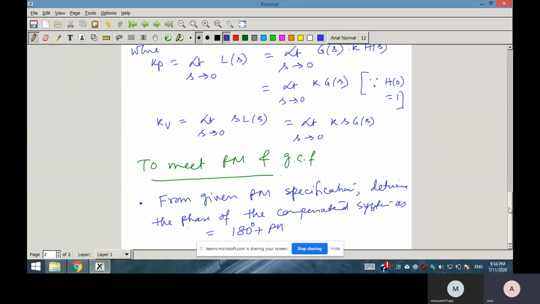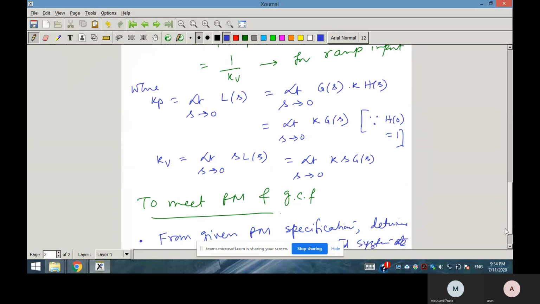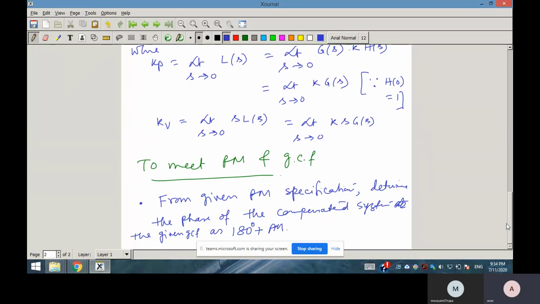So given the phase margin, the phase of the compensated system at the given GCF is 180 plus PM. This is the phase of the compensated system we want.